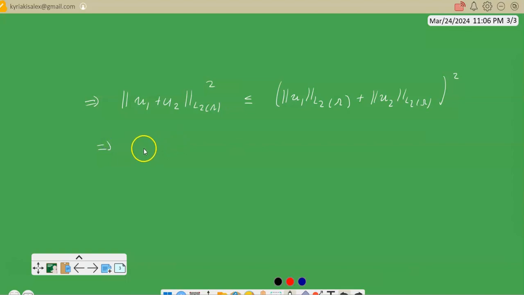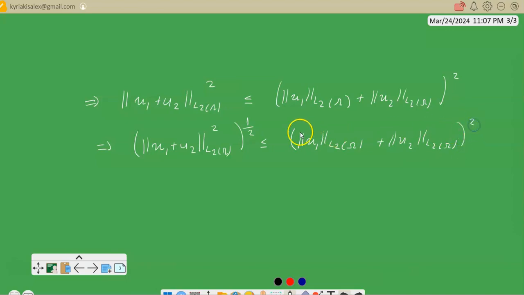So from here, we have the norm of U1 plus U2 in L2 squared, and then we raise to the power of 1 divided by 2. And we write the right-hand side by taking the square root. This is squared, and this is 1 divided by 2.